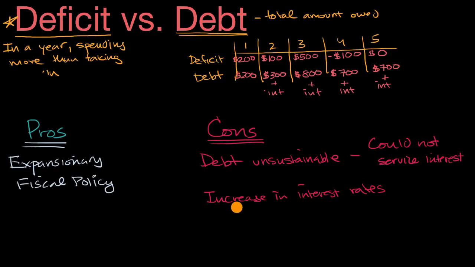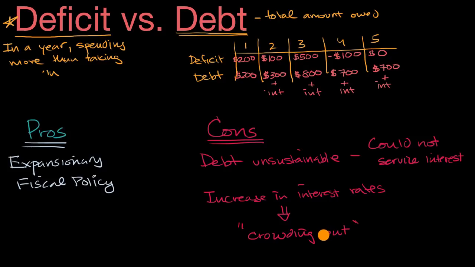And if the interest rates increase, that could lead to what we've talked about before, the idea of crowding out, or the crowding out effect, where because of increased interest rates, fewer potential private borrowers are going to go and borrow money, which they might use to go out and invest things.